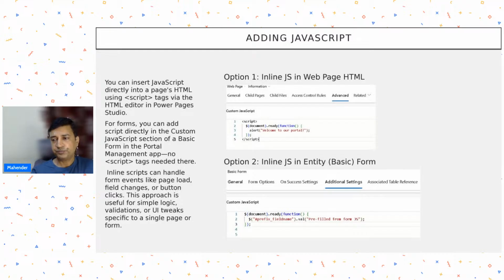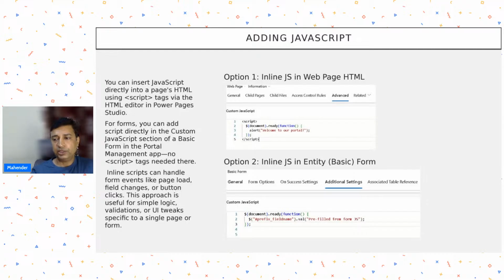Under the web page we have an Advanced tab, and if you scroll down on this Advanced tab, you will see a section called Custom JavaScript. This works as an editor where we can write whatever JavaScript we want to apply.